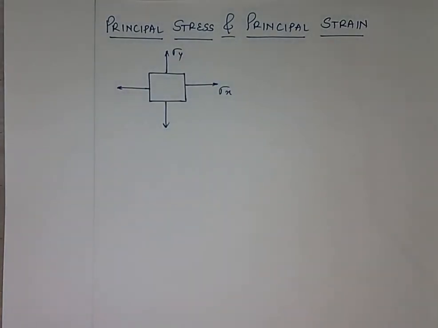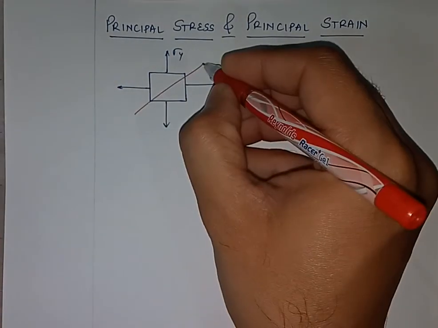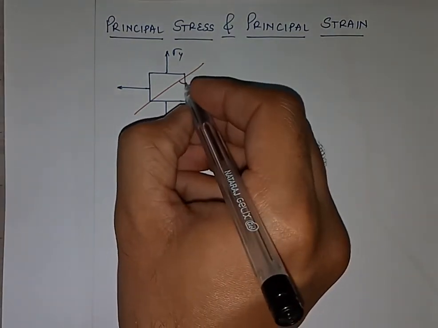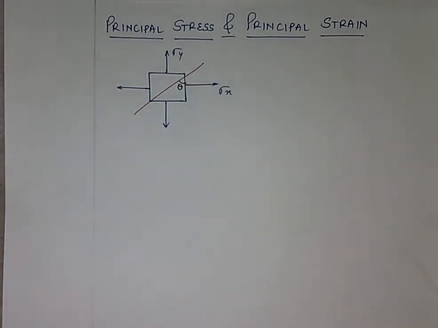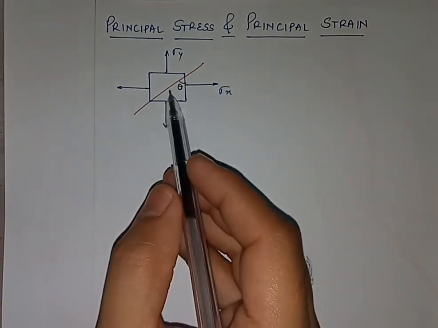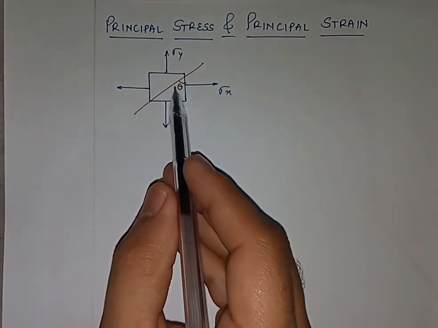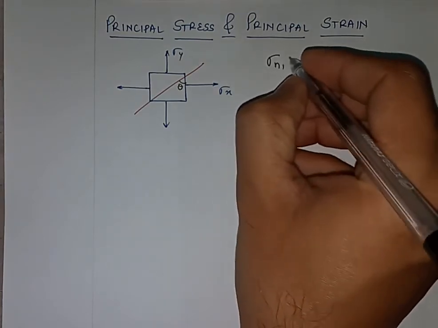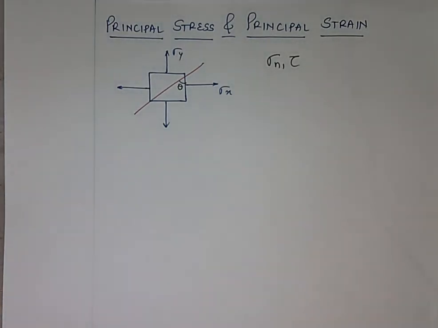Once again I consider an oblique plane, making an angle theta. If I want to check the forces coming on this oblique plane, I get two forces, sigma n and tau. One will be in the normal direction, the other in the tangential direction.